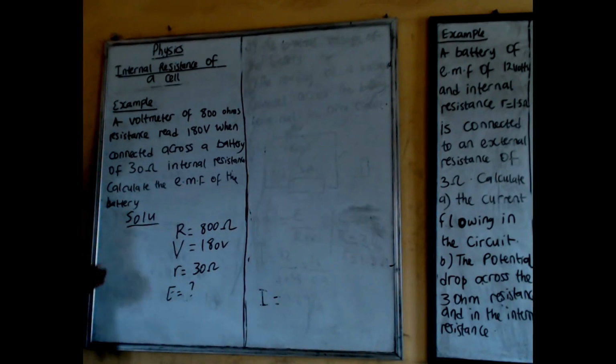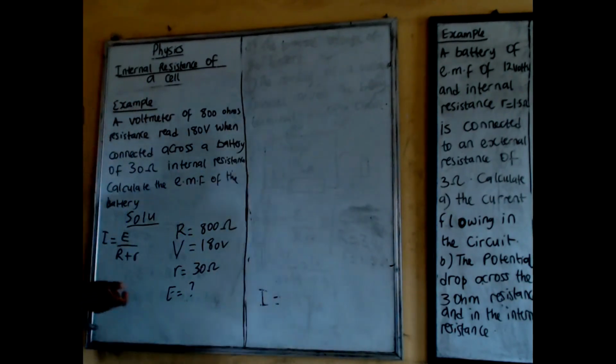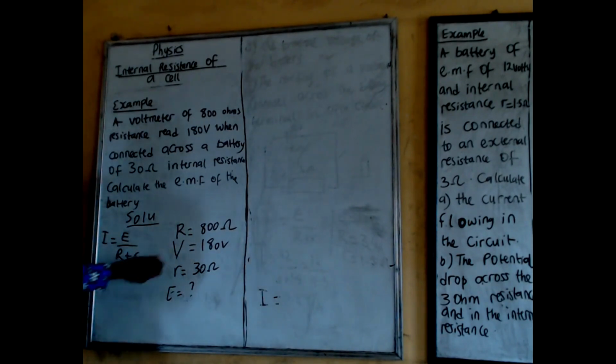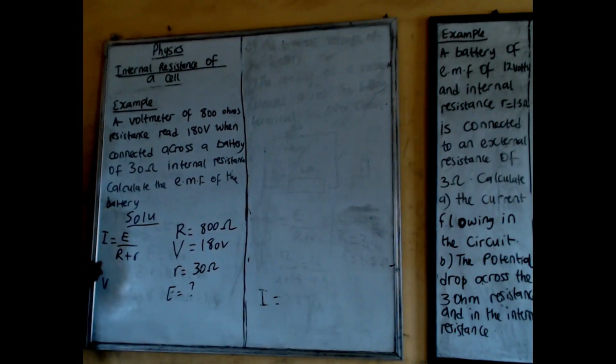Because internal resistance is called to question, we still use our formula I equals E over big R plus small r. We are looking for E. But we have big R, we have small r, but we don't see our I. So I will go ahead to get our I before we get E, our EMF. Now, terminal potential difference V is equal to I times R: the current flowing through the voltmeter times the resistance of the voltmeter, which is our external resistance in this question.